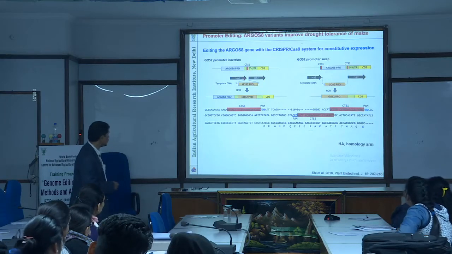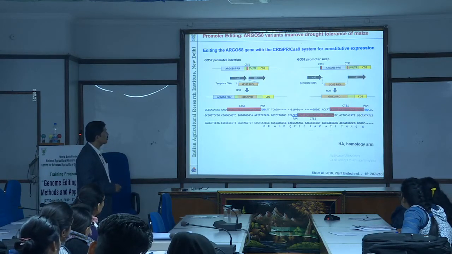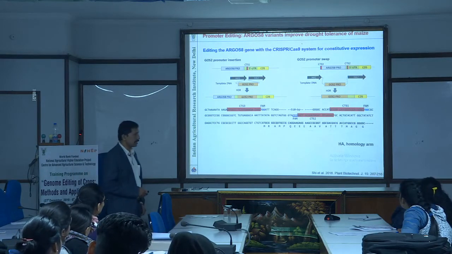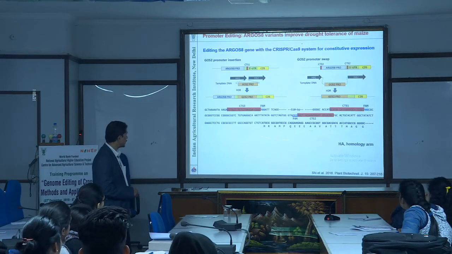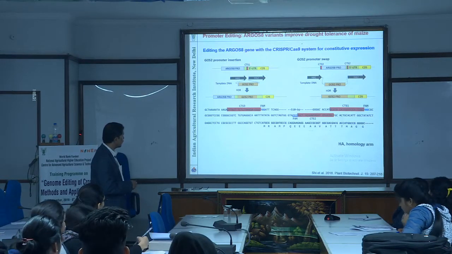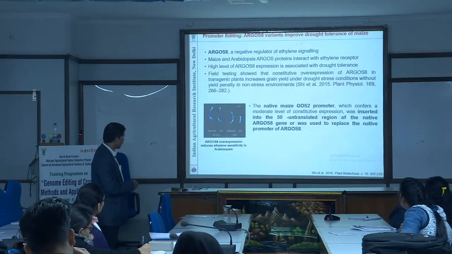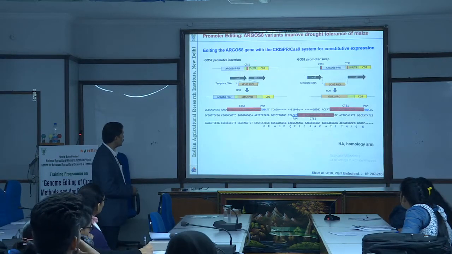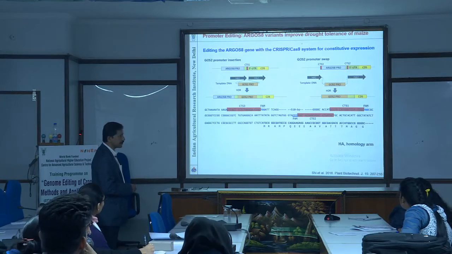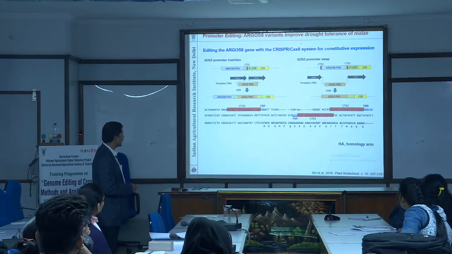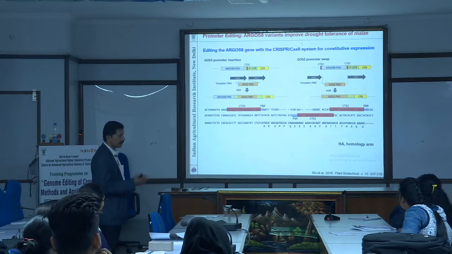So what was done was, they used the homology dependent repair pathway for editing this Argos 8 gene, that is to enhance the expression of Argos 8. The native promoter is weak, so expression is not very high. So they used the GOS2 promoter from the maize only.